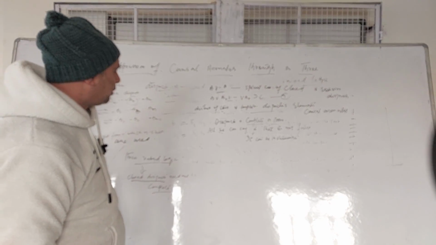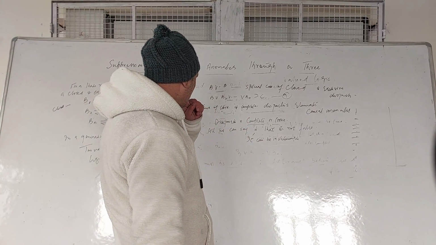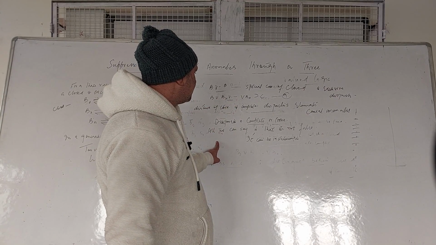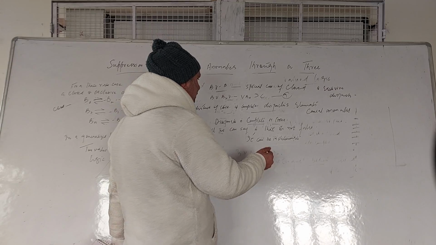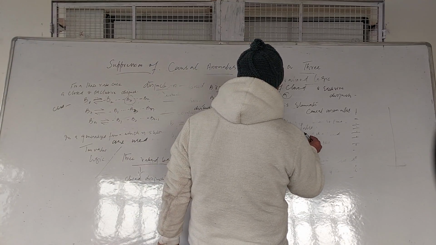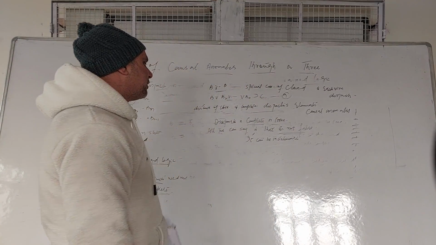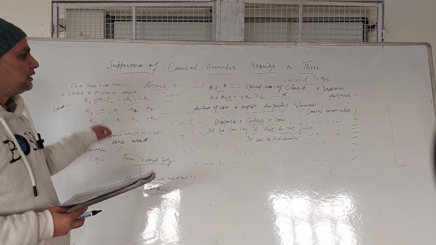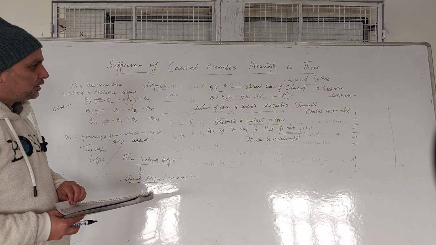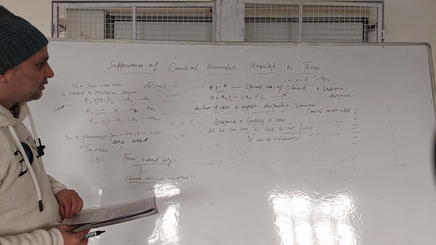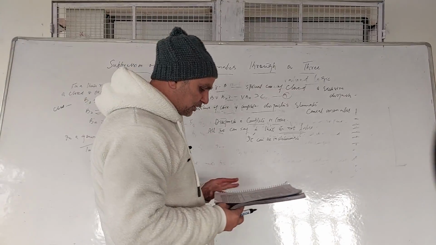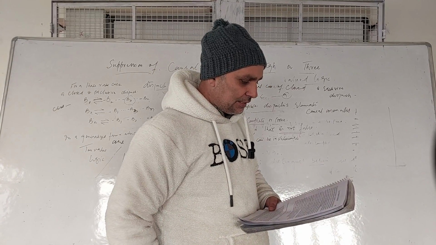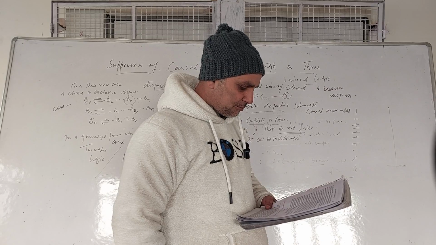It's complete or true, and once it's not false, it can be indeterminate. So if it's both complete as well as true, the disjunction may not be false, and its truth value can be indeterminate.